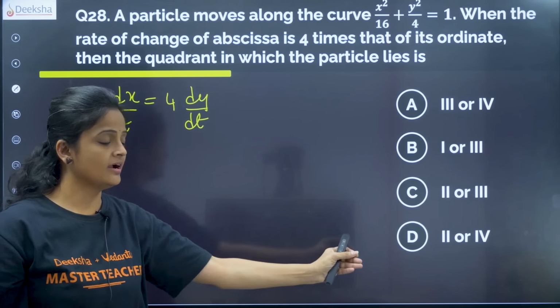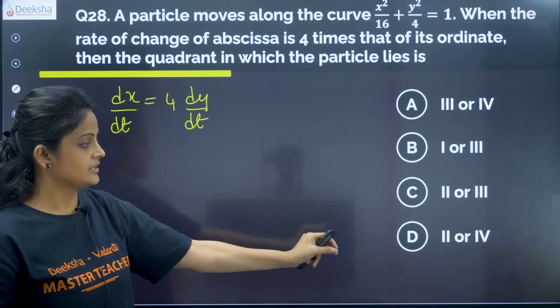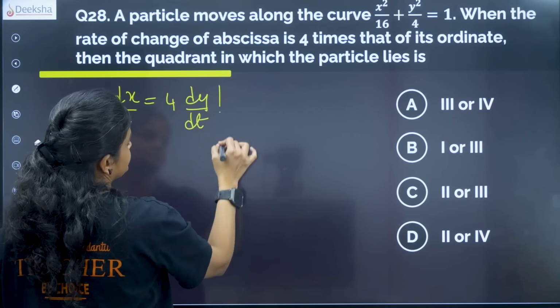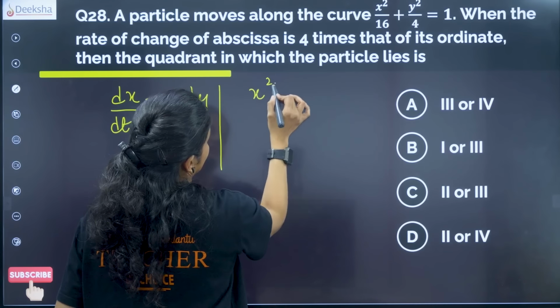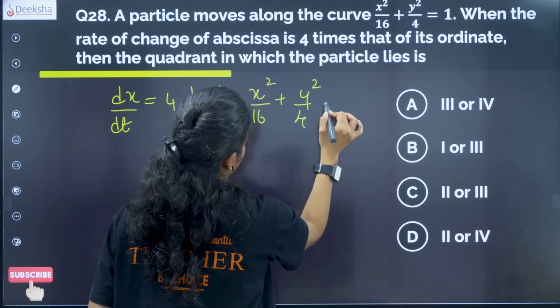Okay, this is only about the signs, positive and negative signs, so that we'll understand in which quadrant it is. So now take the curve and differentiate it and put the necessary values they have given.